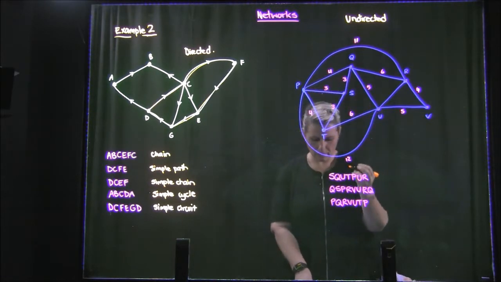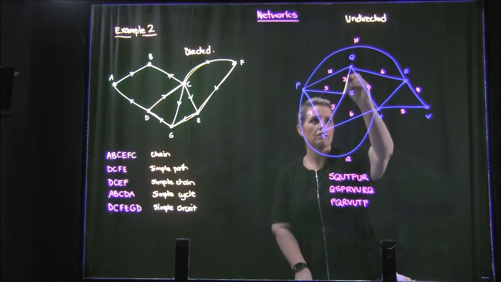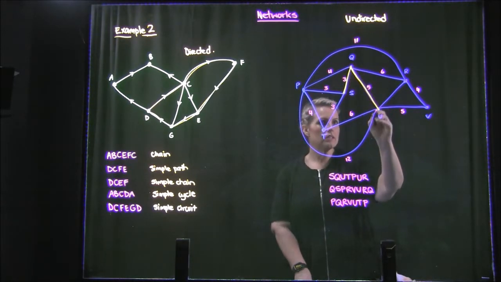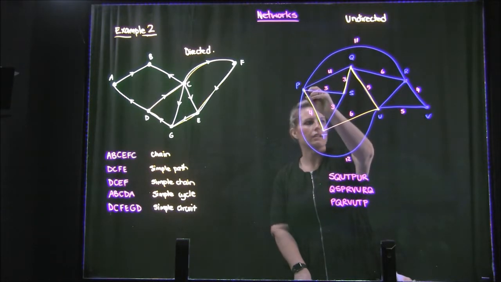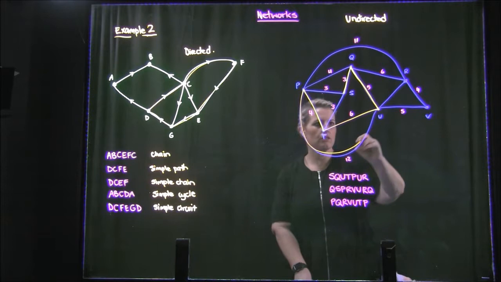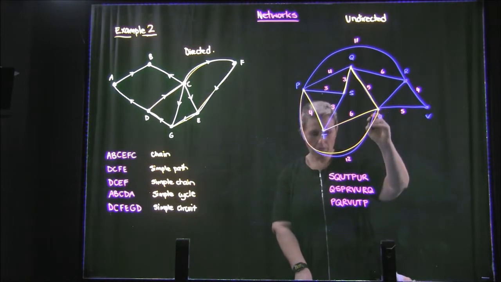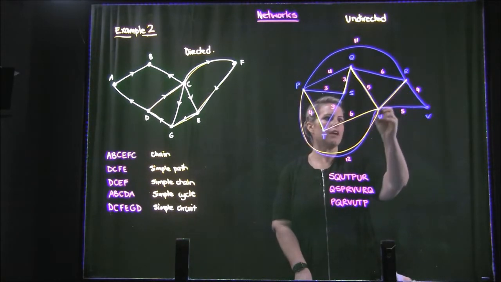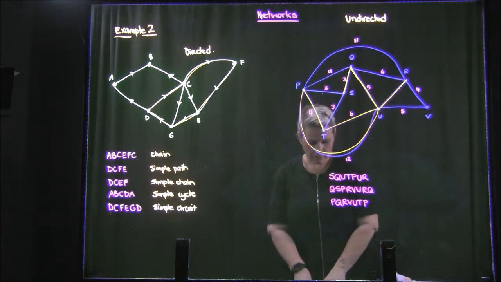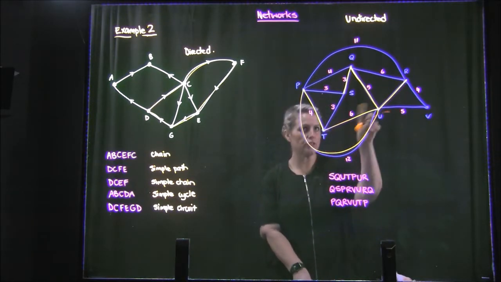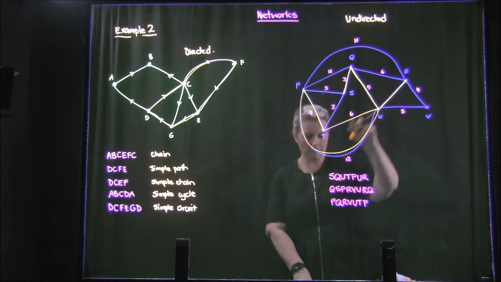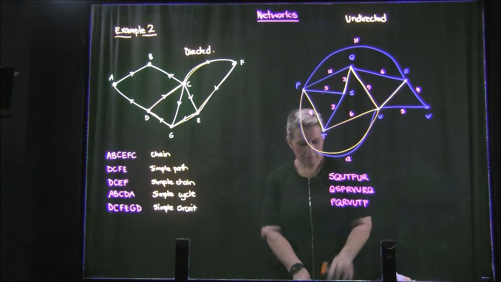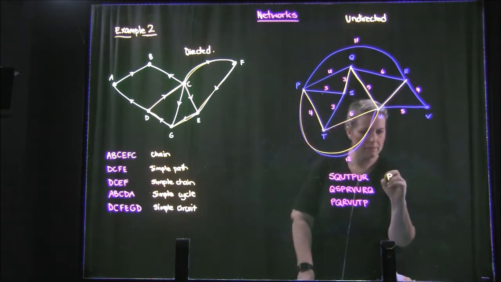So S to Q, to U, T, P, U, and R. There. Okay, so it's connected in order, but it crosses over itself. See how it's crossing over itself here where it meets. So it's not simple. That makes this a path.